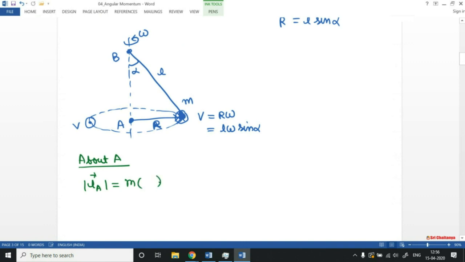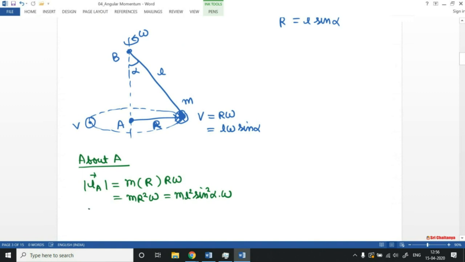So r perpendicular is basically r, and v, the magnitude of velocity, is definitely equal to r omega. So that would be equal to m r square omega. And if we substitute the value of r as a function of L and alpha, that will become m L square sine square alpha into omega. So that is the magnitude of angular momentum.